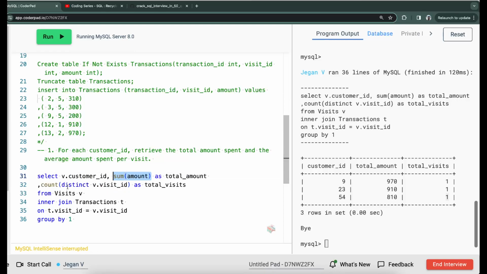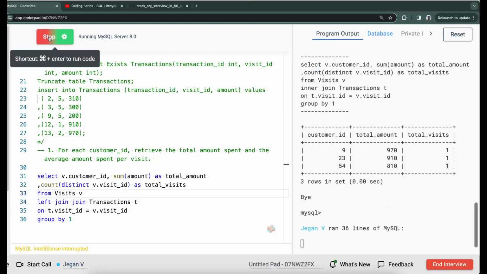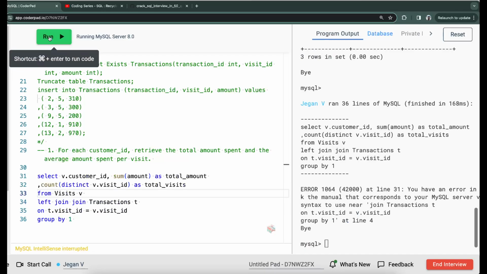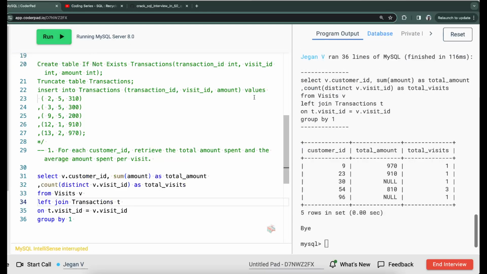So we got the distinct visit, but we just get only the visits which got a transaction. We are missing the other 2 visits. To fix that, you simply go for a left join. Now if you run it, the visitor 54 got 3 transactions.